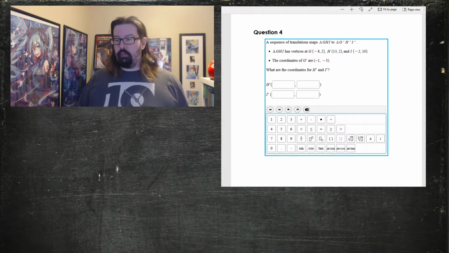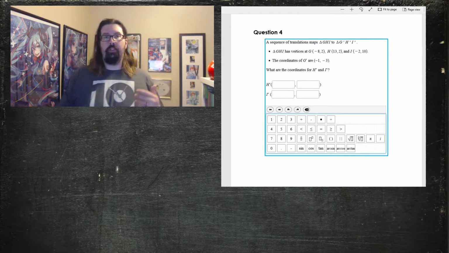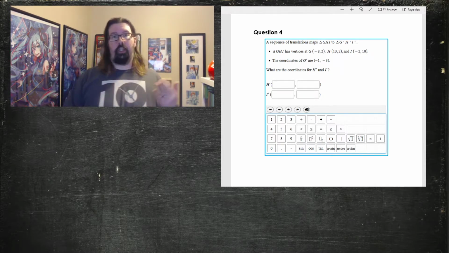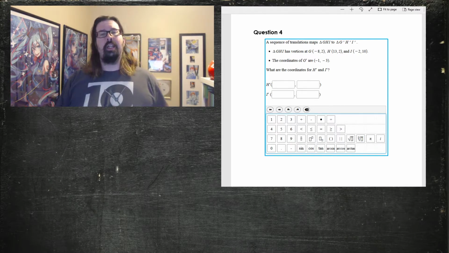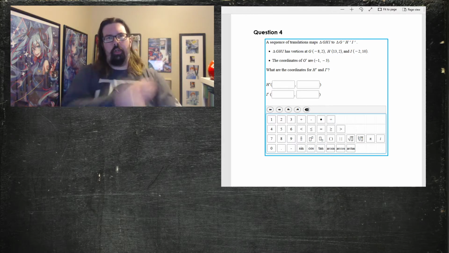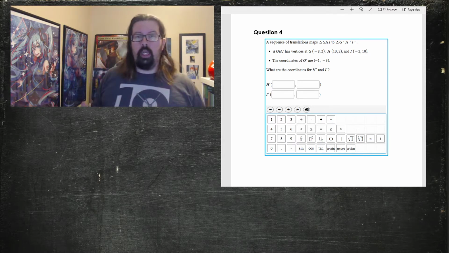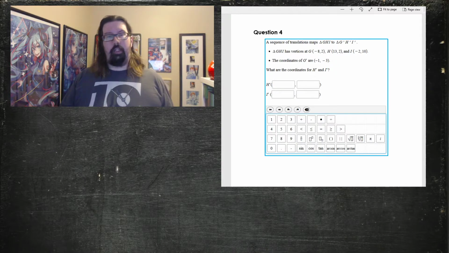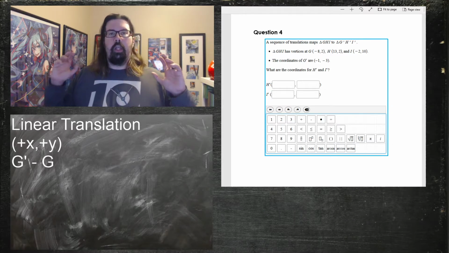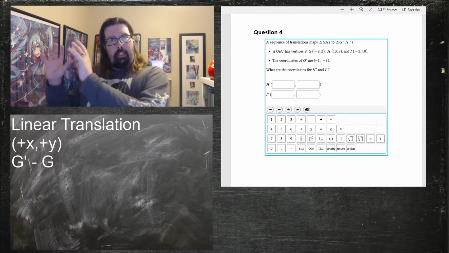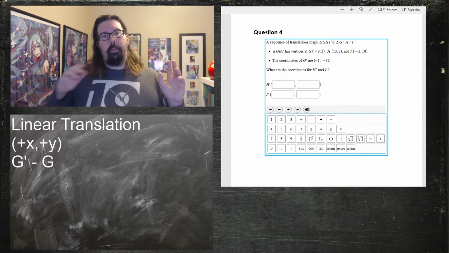So, this right here is a literal translation. Now, these are pretty simple transformations that can be applied to geometric objects on the Cartesian plane, which is just your XY coordinate plane if you're playing along at home. You can take where it is going and subtract where it was, because you have coordinates.